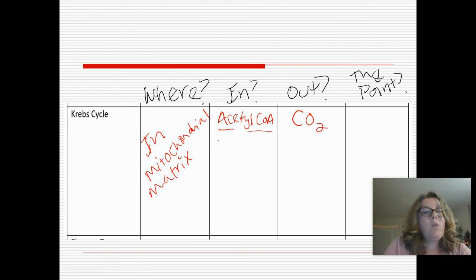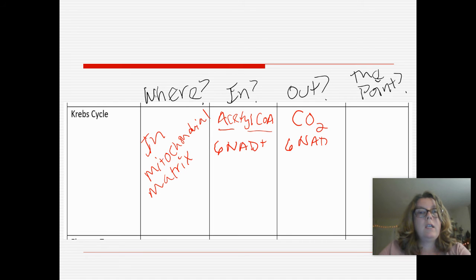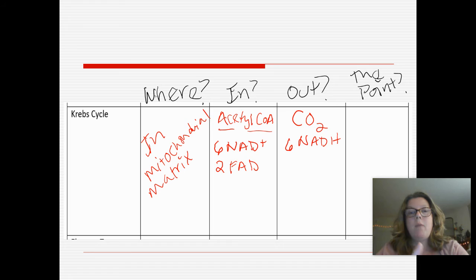So in reality, we don't have 3, but 6 NAD plus coming out as 6 NADH. Okay, so now we've generated 6 electron carriers. Also, again, I know you saw only 1 FAD coming in, but that's only 1 time around the Krebs cycle.